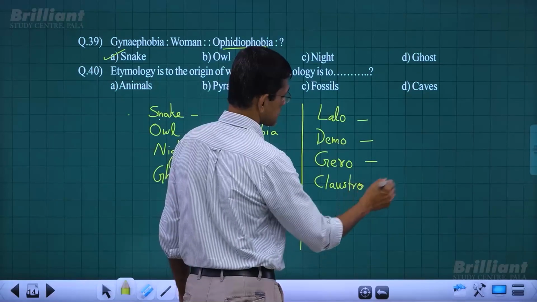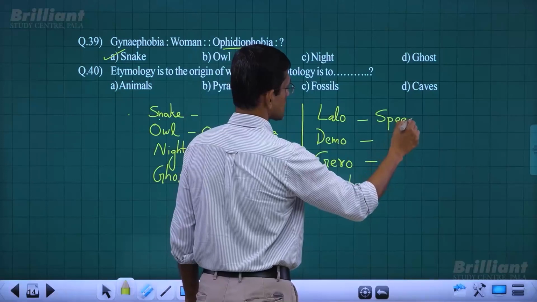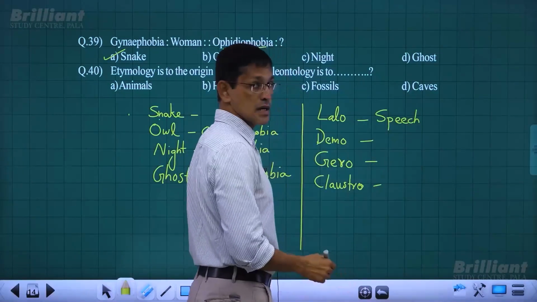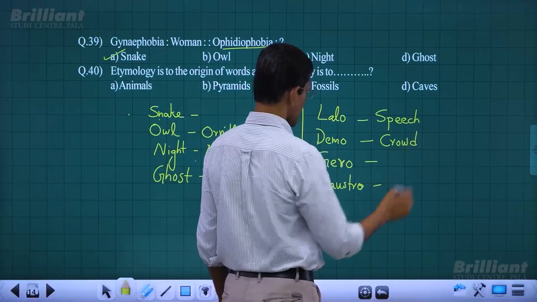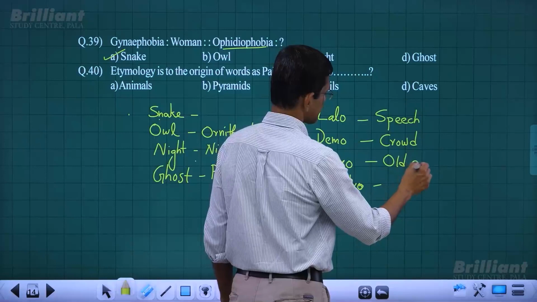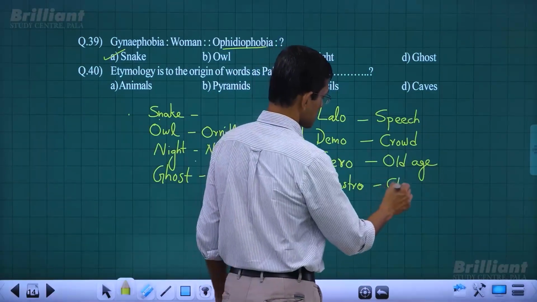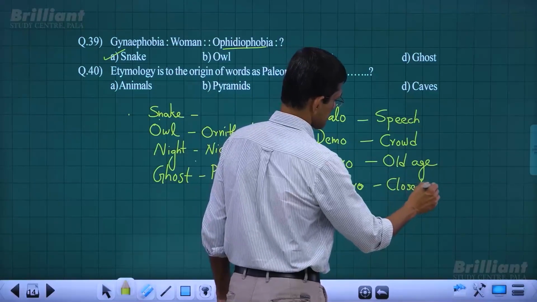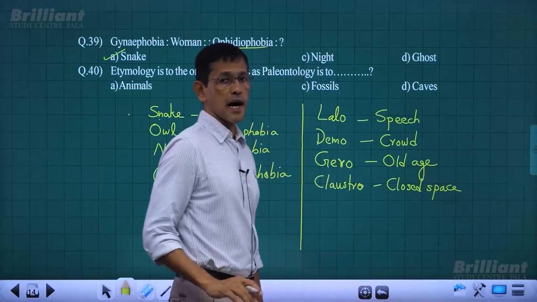So lalo is the phobia towards speech, making speech in front of other people. Demo, that's a phobia for crowd. Gerophobia, that's the phobia for old age. Claustrophobia, closed space. Acrophobia, height.